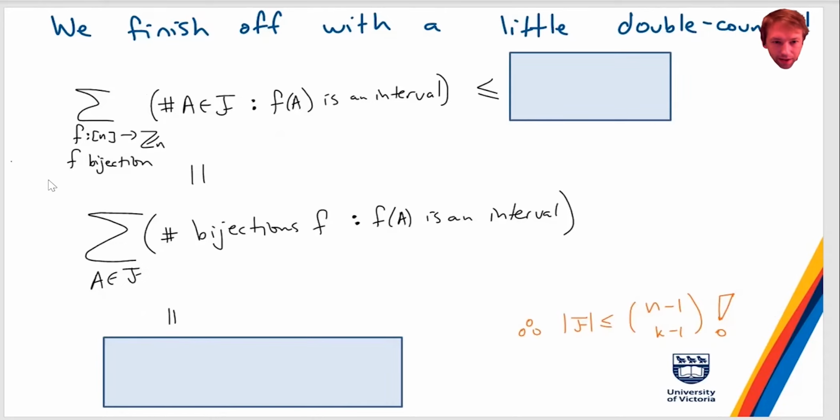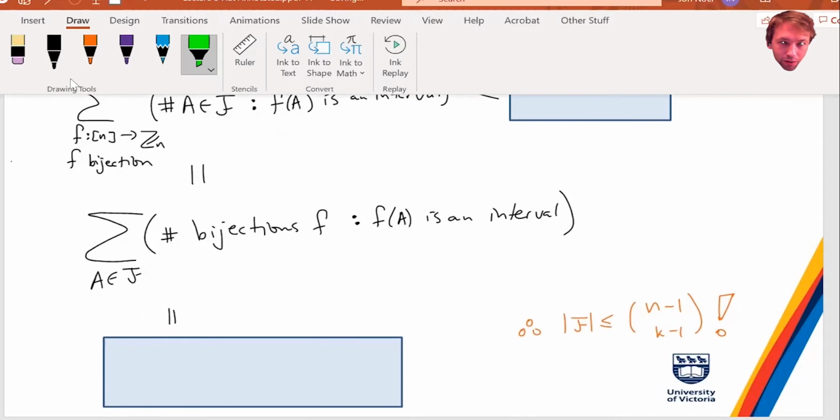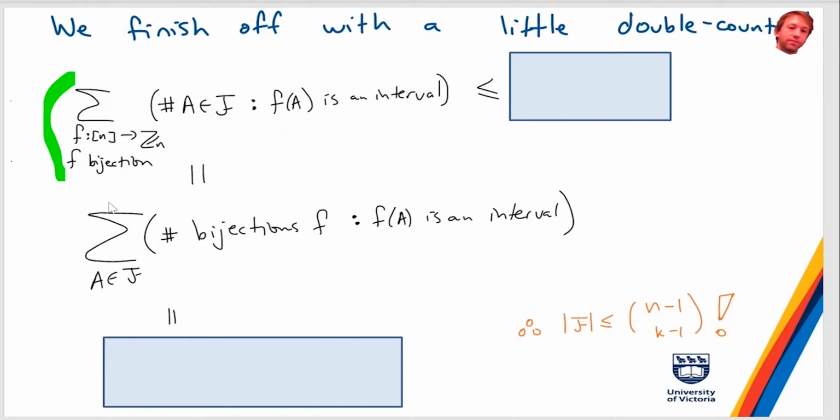On one hand, look at this first sum. I'm summing over all the bijections f from 1 up to n to Z mod n. I'm counting how many elements of the collection get mapped to an interval.